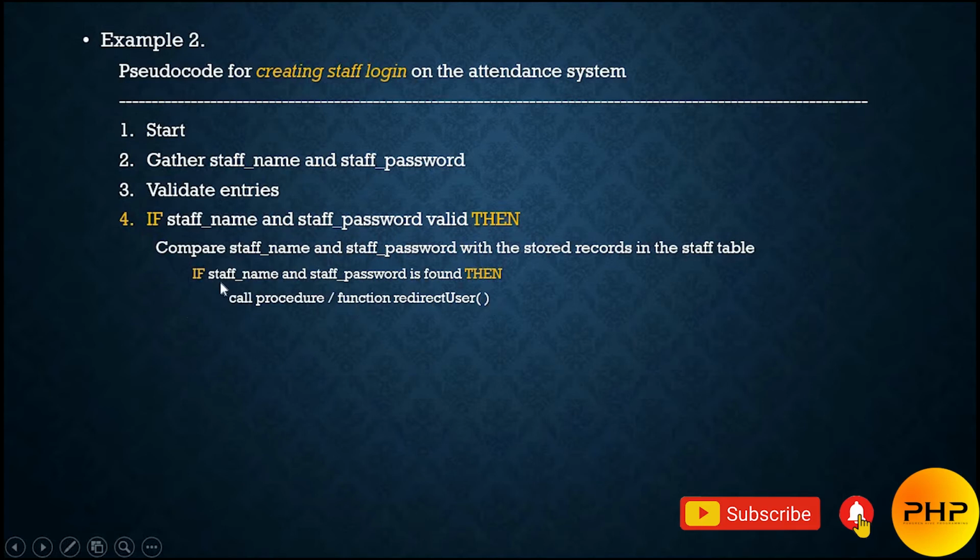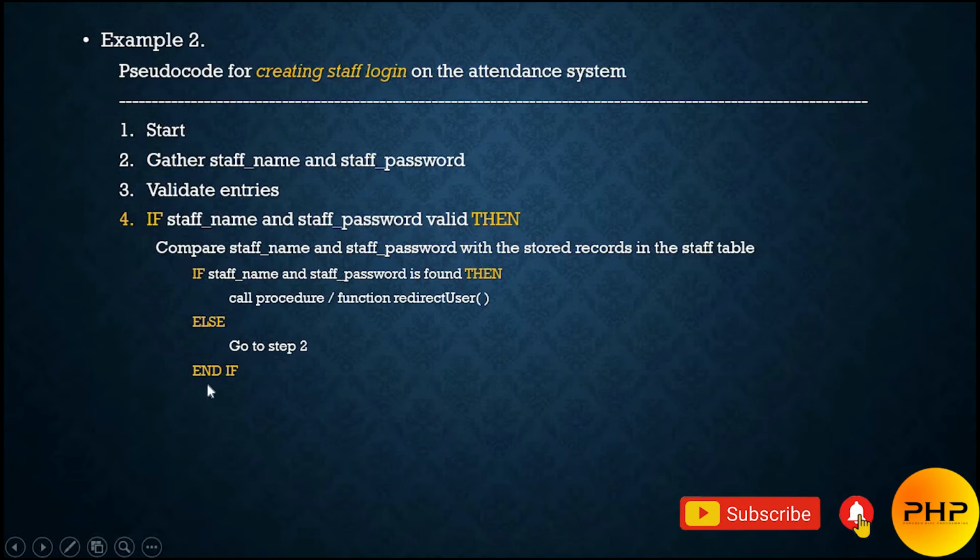If the staff name and the password are not found, that is the else side, and then you call step two. Step two is to gather the staff name and staff password. Then we end it.